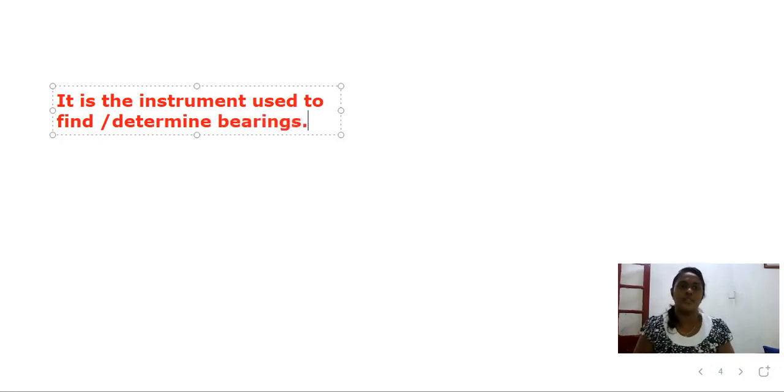Most of the time with the word bearing, we say determine the bearing rather than find the bearing. We mostly use determine the bearing, right? And then there's a figure of a clinometer. Leave space to get this figure and just refer to these bullets. No need to write any of these. You can just refer to them.